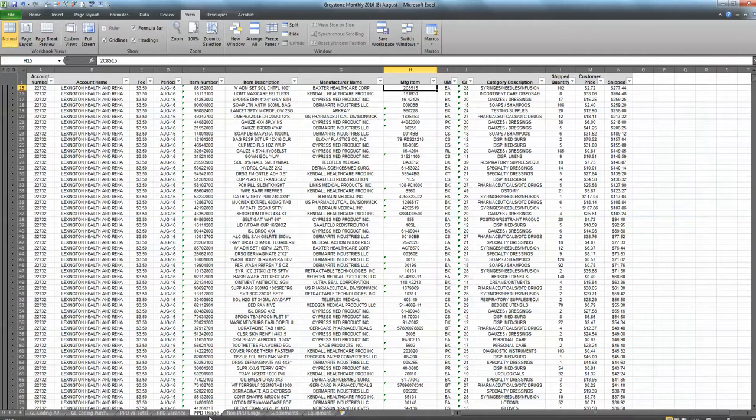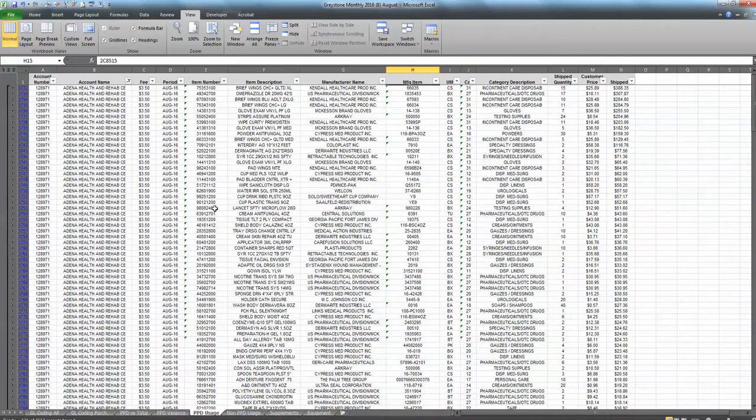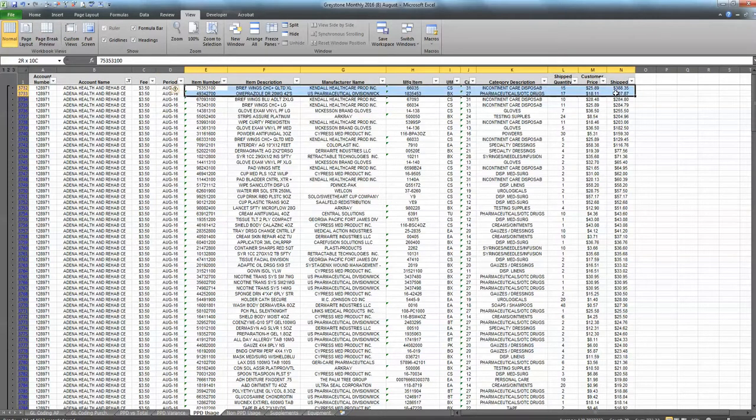Under PPD usage, we can go ahead and filter our facility to narrow down our view. And again, it includes basic information that we've seen before, the period that this covers, so this one will be August 2016. And now we get into this product-specific information.